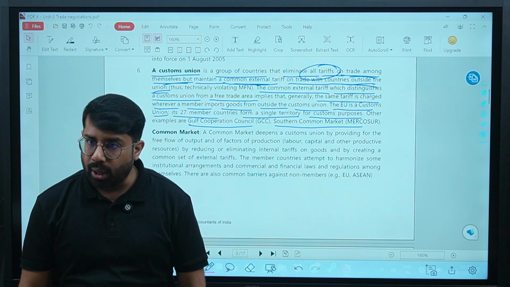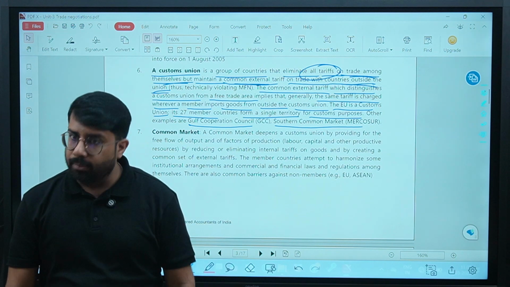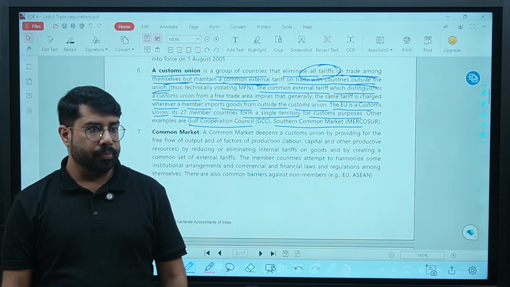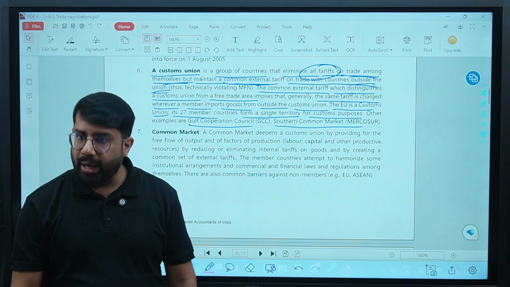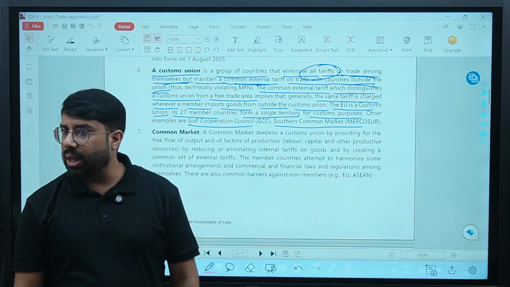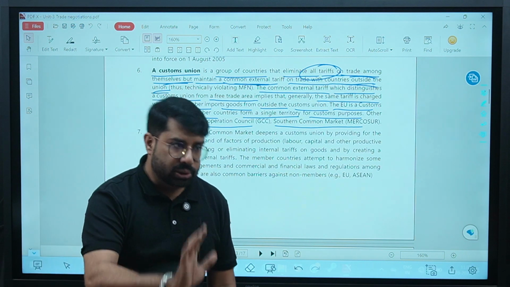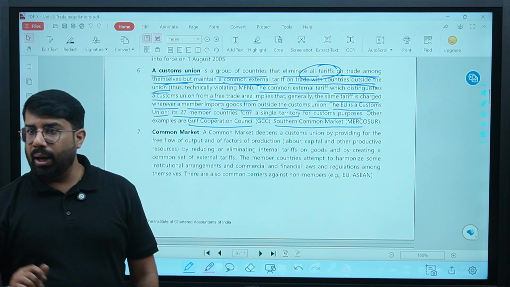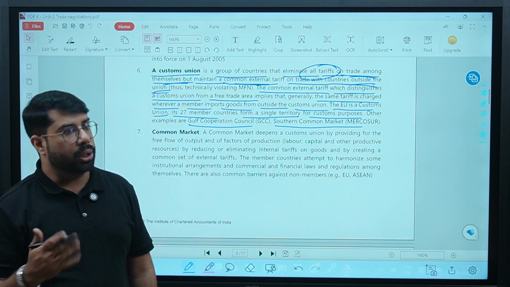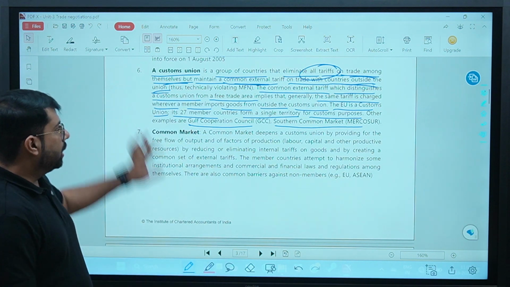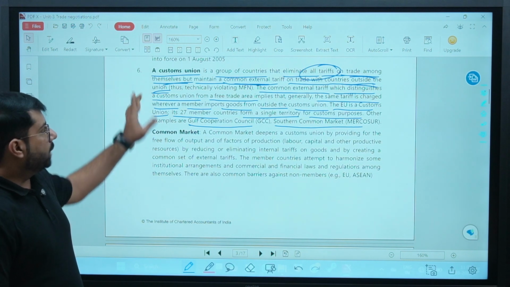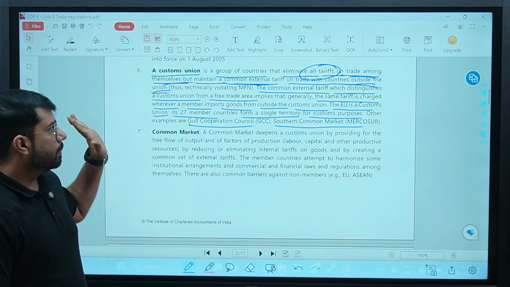Yes, sir. Sure? It is almost the same as the trading block. In trading block, what was happening? External tariff was the same. In free trade area, external tariff was different. Are you clear?